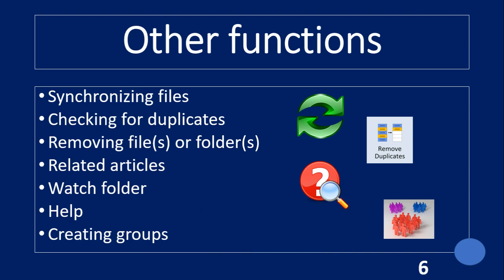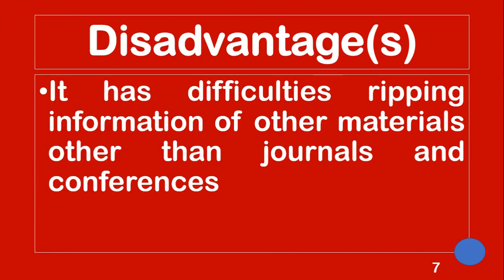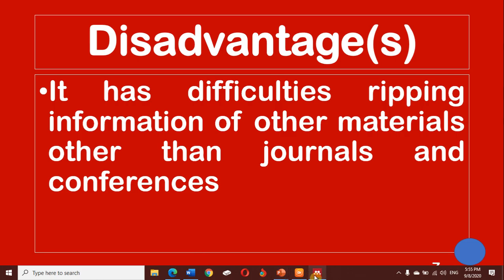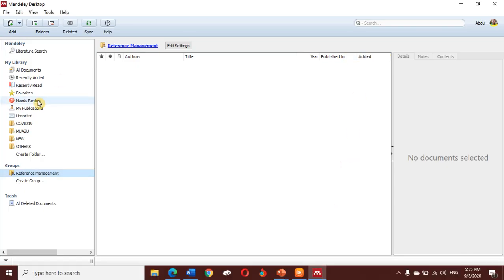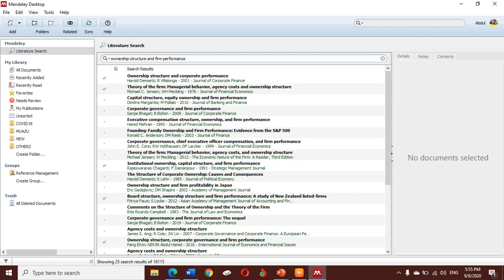So these are the ways we can use Mendeley. Finally, some of the difficulties we used to have is the way it reads information about articles. It is always very difficult to read information of other materials like that. Let me go back to Mendeley and see. Maybe I want information on a book.